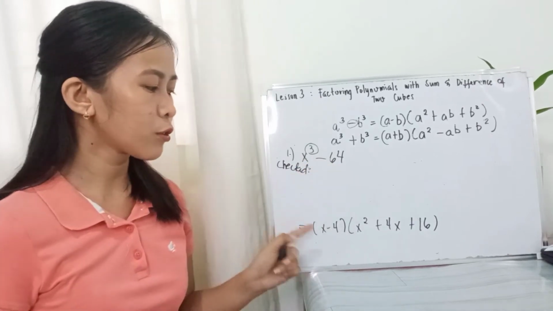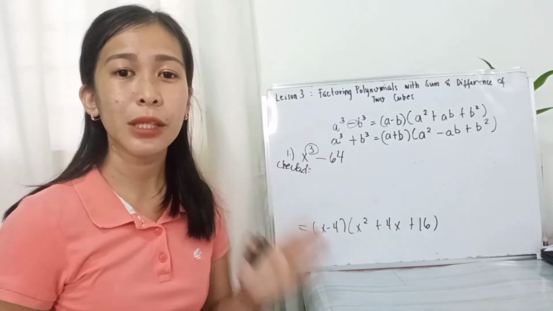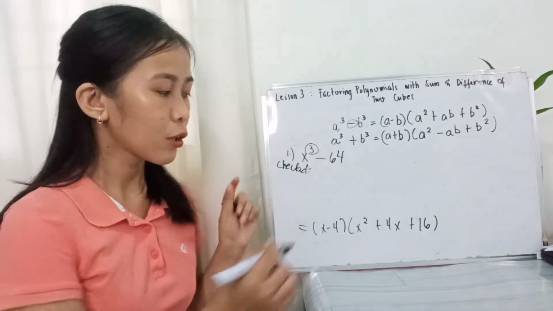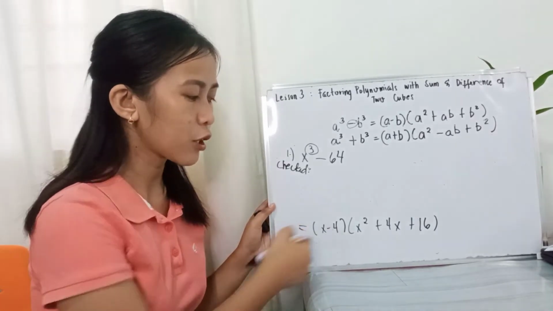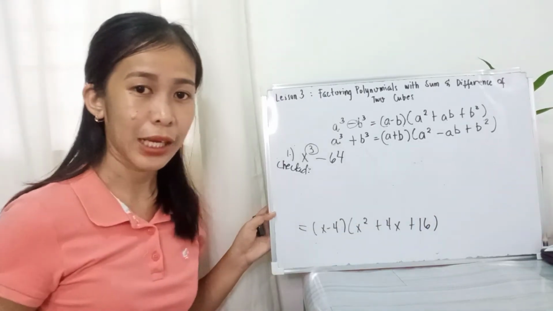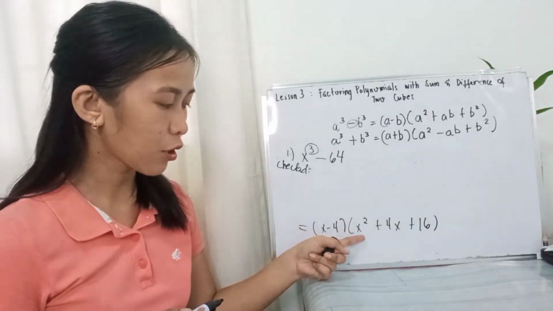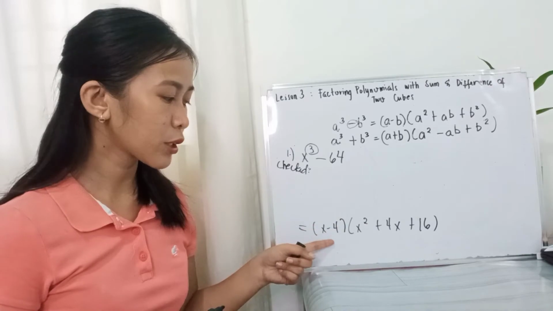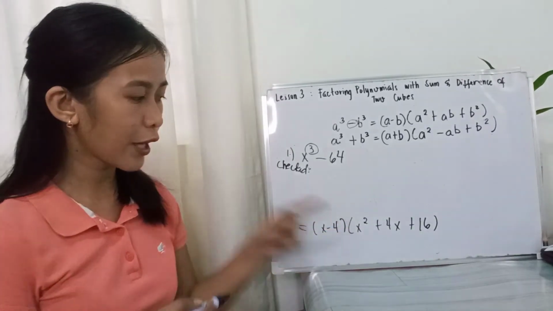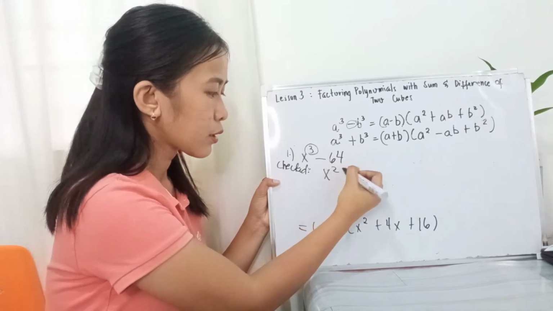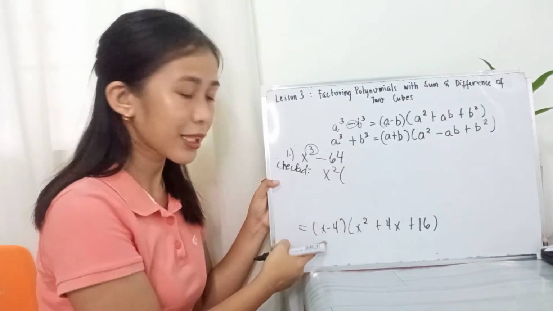So, what you are going to do to check is to use the distributive property of equality. So, i-distribute mo lang to or i-multiply mo lang tong binomial natin dito sa ating trinomial. So, how? Kunin lang natin to. Lahat ng terms is i-multiply natin dito sa dalawang terms na nandito. So, we have x squared times x minus 4.